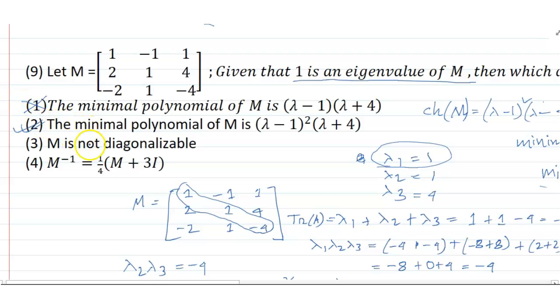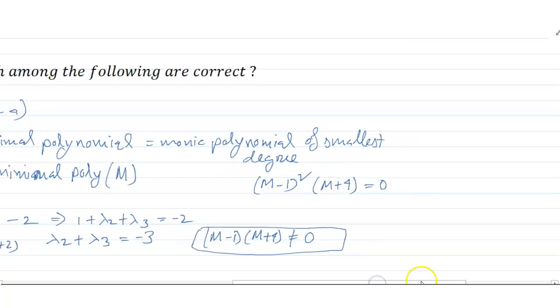I just give the idea, friends. And M is not diagonalizable. This portion is also correct, because you see that the minimal polynomial of M is equal to lambda minus 1 whole square into lambda plus 4.